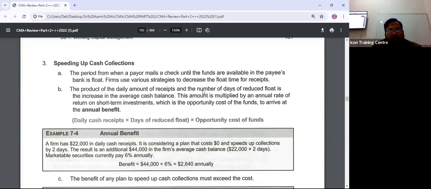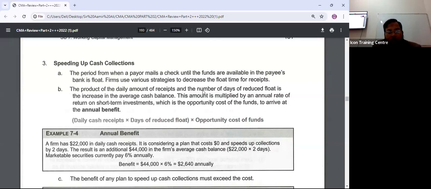Now, speeding up cash collections. The period from when a payer mails a check until the funds are available in the payee's bank is float.